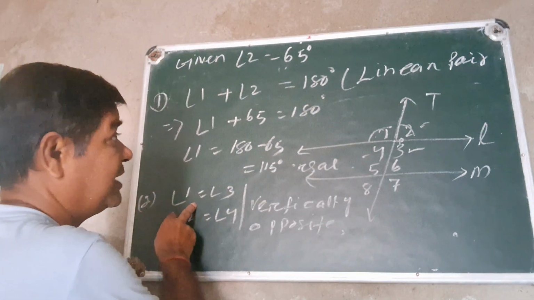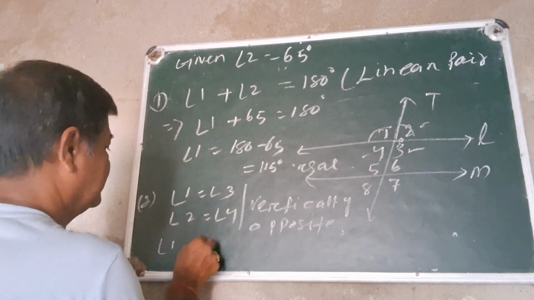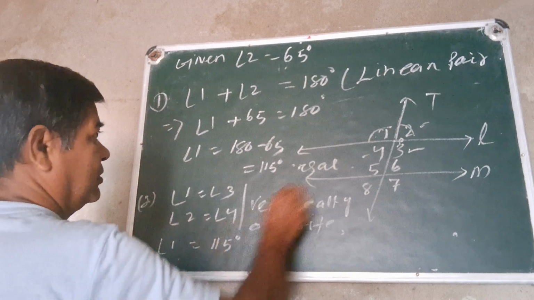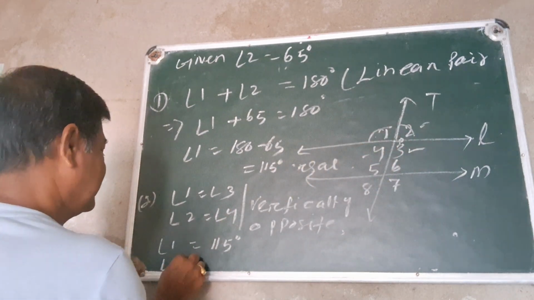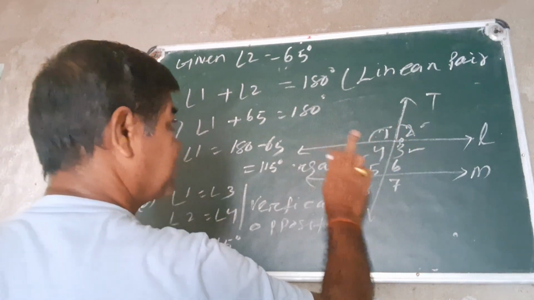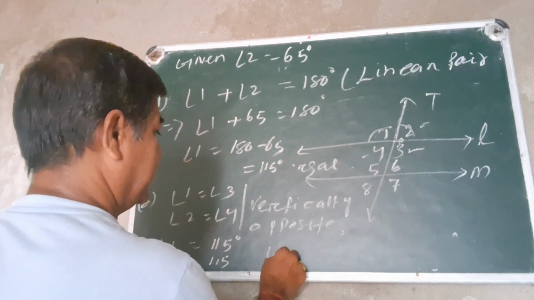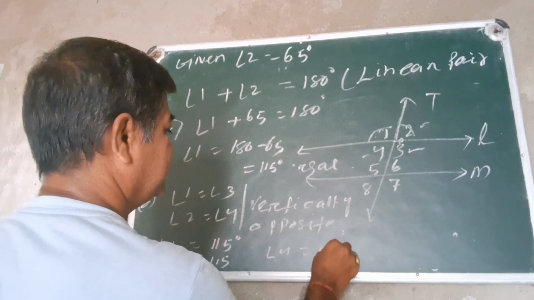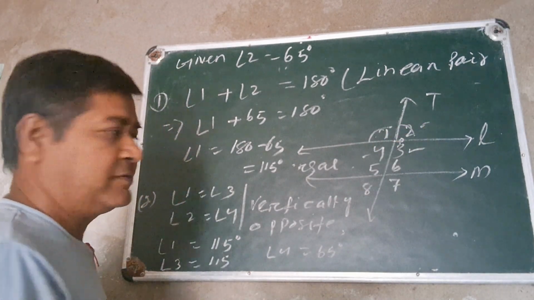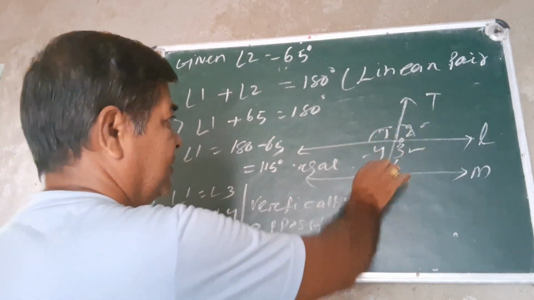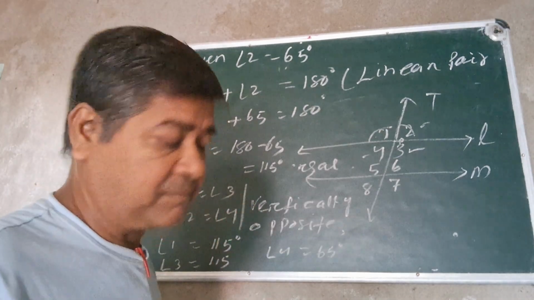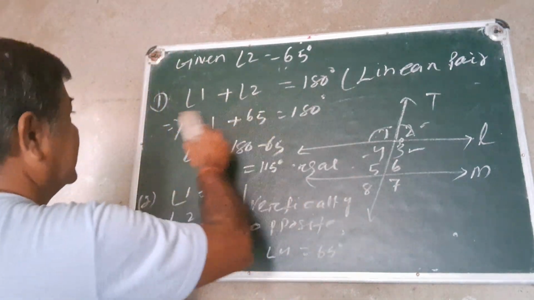That implies angle 1 equal to 115 degrees, angle 3 also 115 degrees, angle 2 equal to 65 degrees, angle 4 also 65 degrees. So we get four angles: 1 equal to 3, 2 equal to 4. Now proceed further.